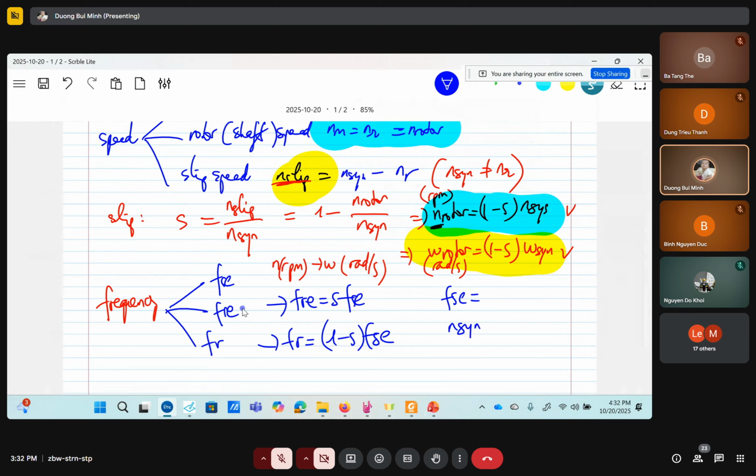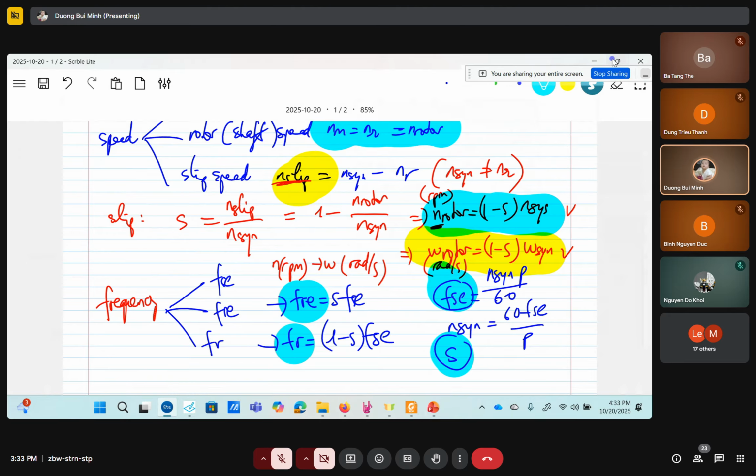N sync is 60 FSE over P pairs, so FSE is N sync times P pairs divided by 60. If we know FSE and we know S, we can calculate FRE and FR.